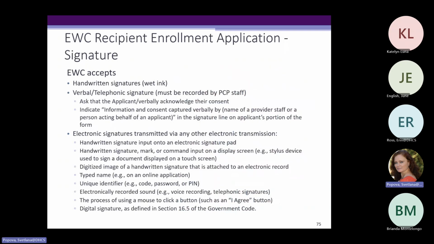Regarding the signature, we recently changed our policy. We used to have remote enrollment via telephone capabilities during COVID, and we felt that we should keep this capability now, even after COVID, because it removes a lot of barriers, especially for women that live in rural areas or frontier areas.